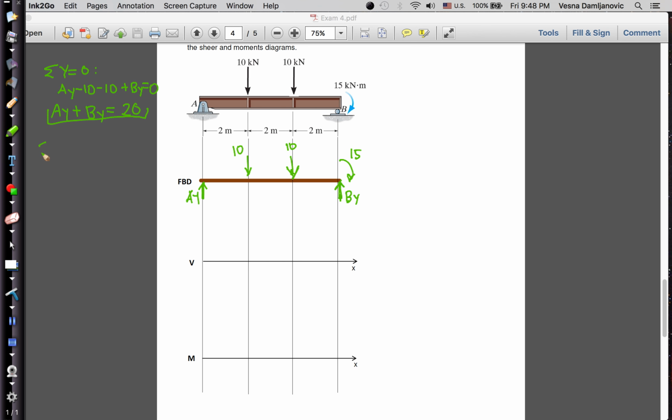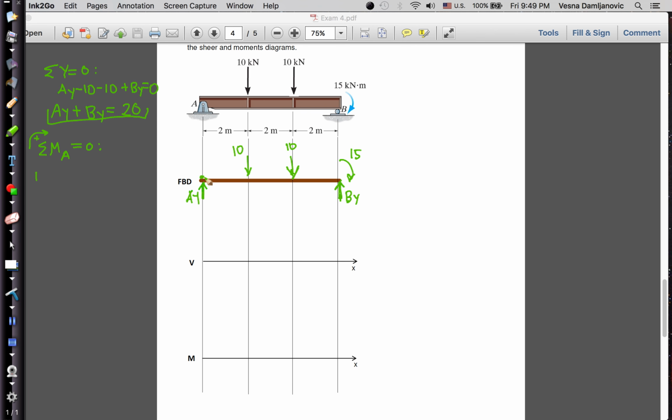Then sum of moments around, let's say, the point A. And I'm going to choose this as a plus. And so what do I have? That's equal to 0. Let's start from AY.